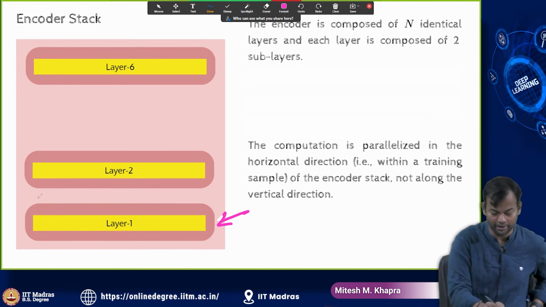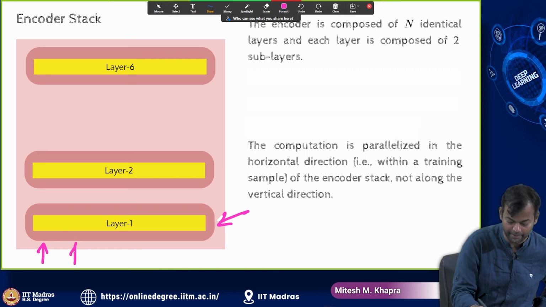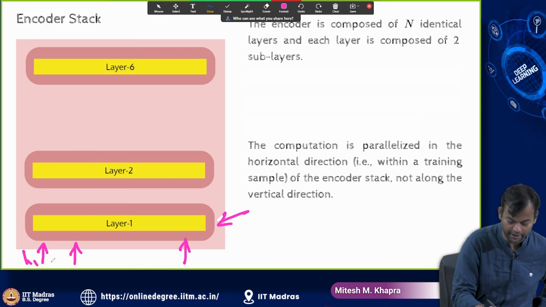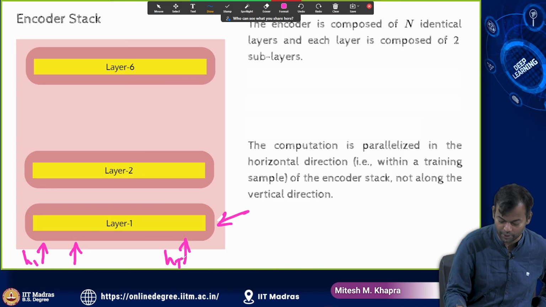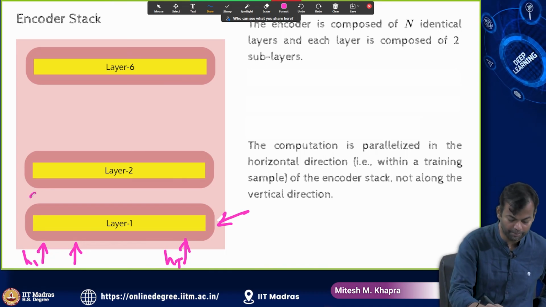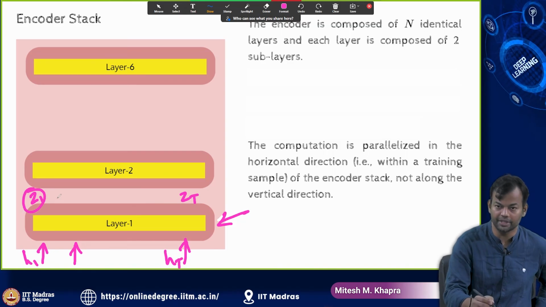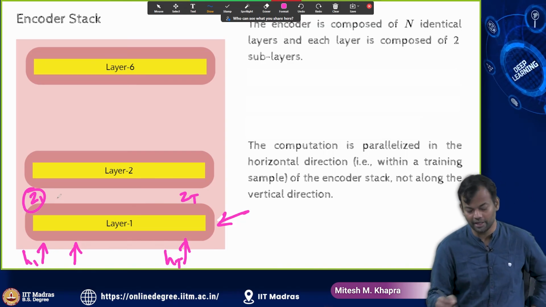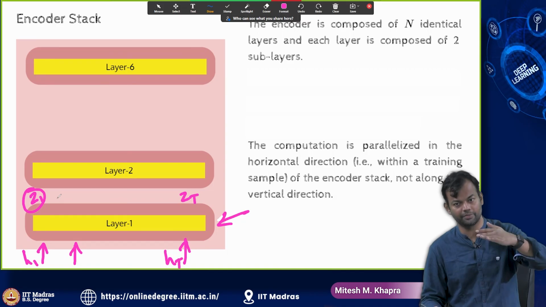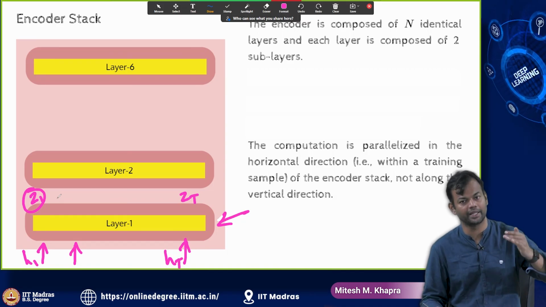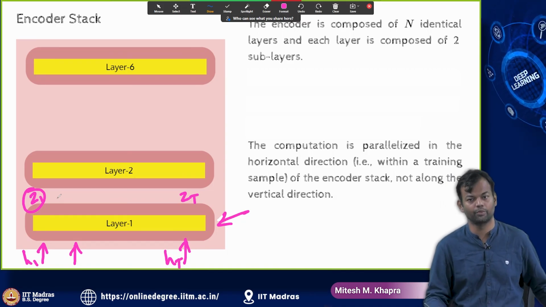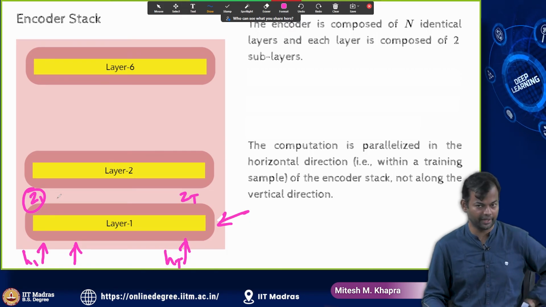Again, I'll just repeat this because it's important. In the case of an RNN, when you were given H1 to HT and you had to compute Z1 to ZT, you first had to compute Z1, then Z2, then ZT, and so on. And here we saw that using these large matrix multiplications, we get Z1 to ZT in parallel. You don't have to wait for the previous time step for the next time step to be computed.